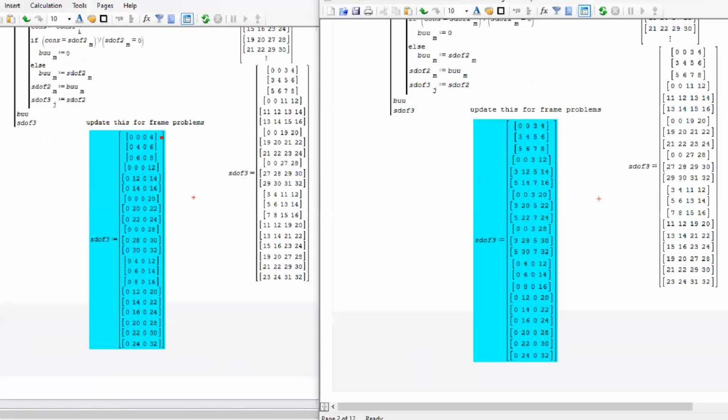For non-sway, I only need the rotation. For sway, I now need 3 and 4, the lateral and the rotation. For the second member, I only need the rotation, the 4 and 6. It's the column, the rotation there. For the second member in sway, I will now need all DOF 3, 4, 5, 6 because that column can now displace laterally here.